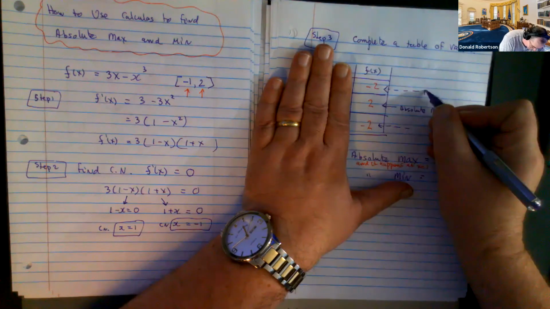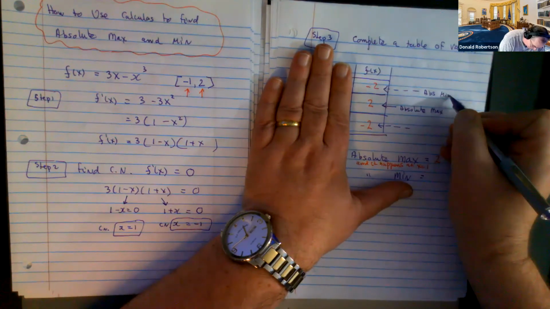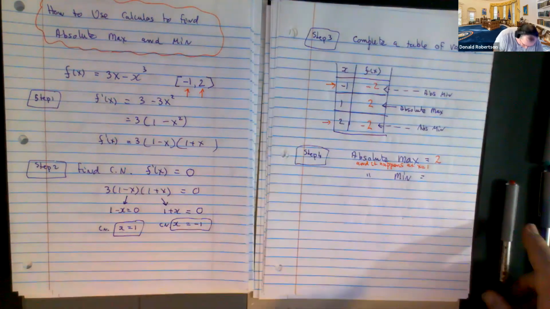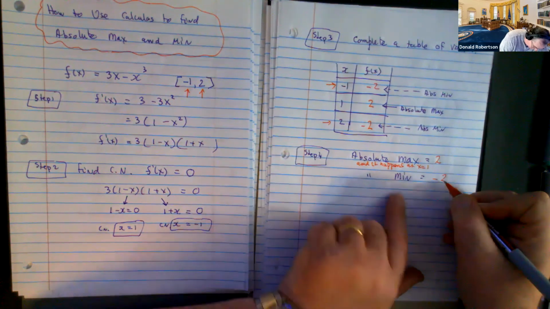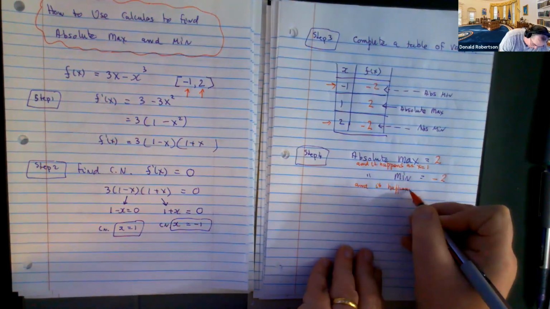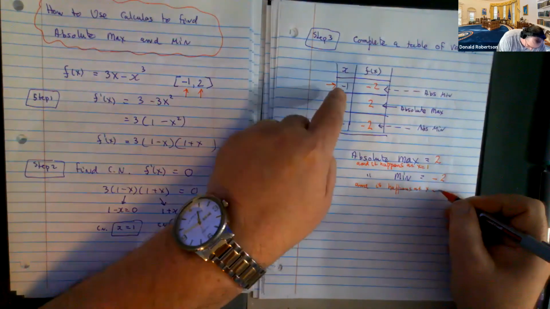Both of these then are the absolute minimums. The absolute minimum of this function is -2. And it actually happens in 2 places. It happens at x equals -1, and it happens at x equals 2.